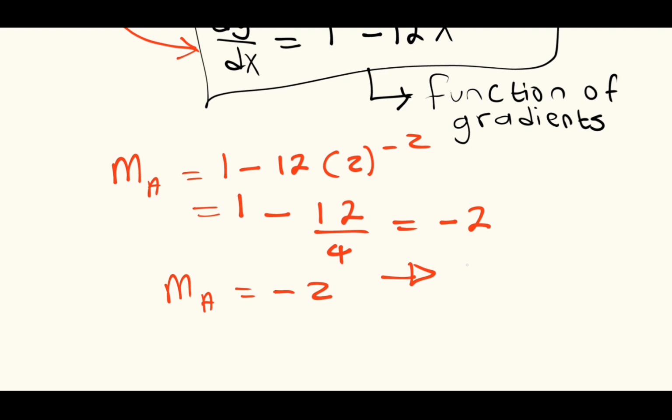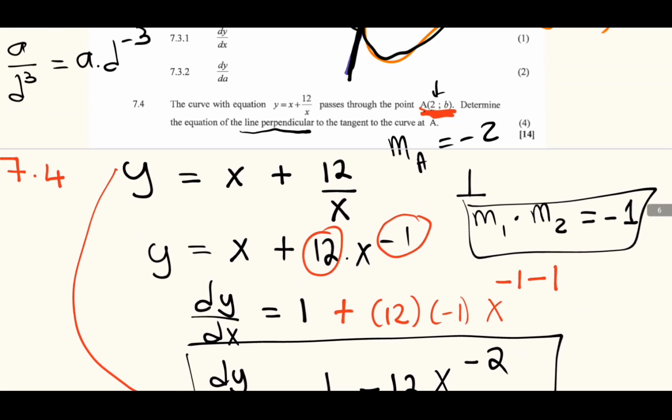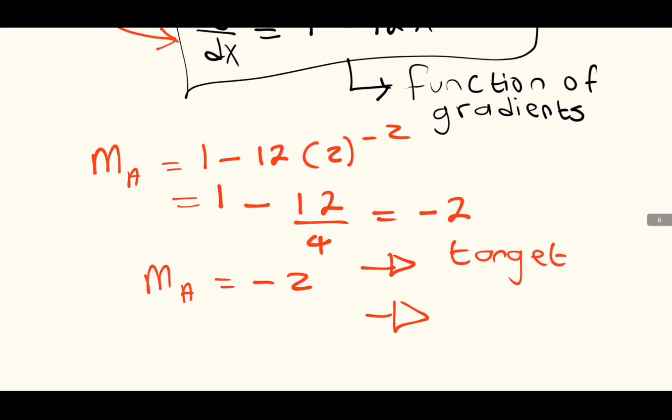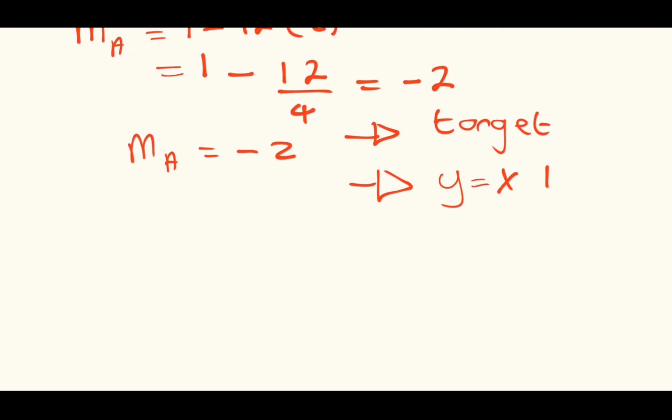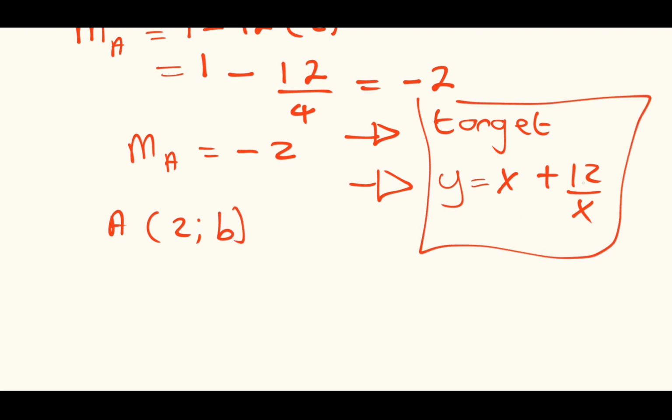This is for the tangent and also for the function y is equal to x plus 12 over x. So at the point A, which is 2 and b, these two functions, the tangent and y is equal to x plus 12 over x, share the gradient equal to negative 2.